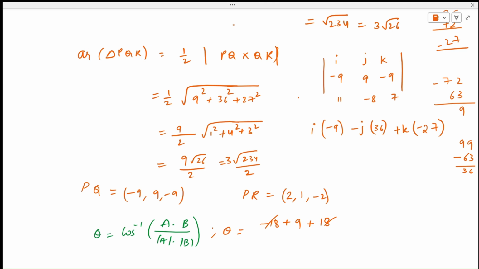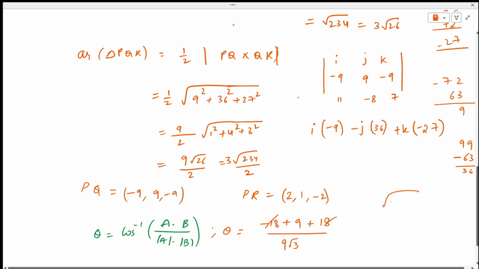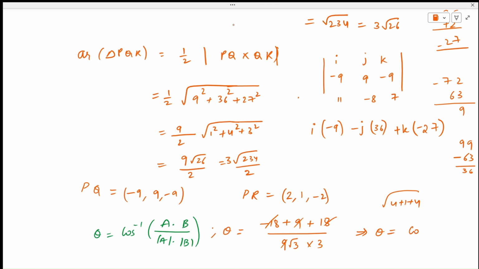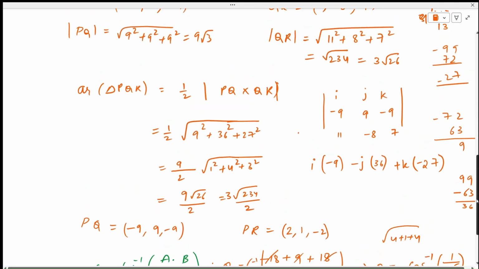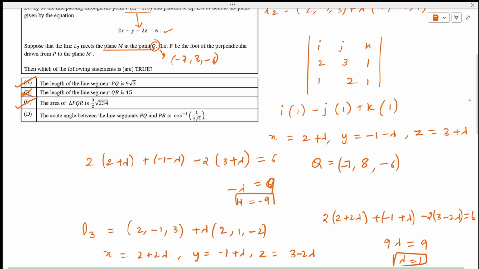These two will get cancelled. By mod A. What is mod A? We know it is 9 root 3 and mod B is root of 4 plus 1 plus 4, that is 3. So into 3. Now 9 and 9 get cancelled. So theta equal to cos inverse of 1 by root 3. So the final answer is A and C.